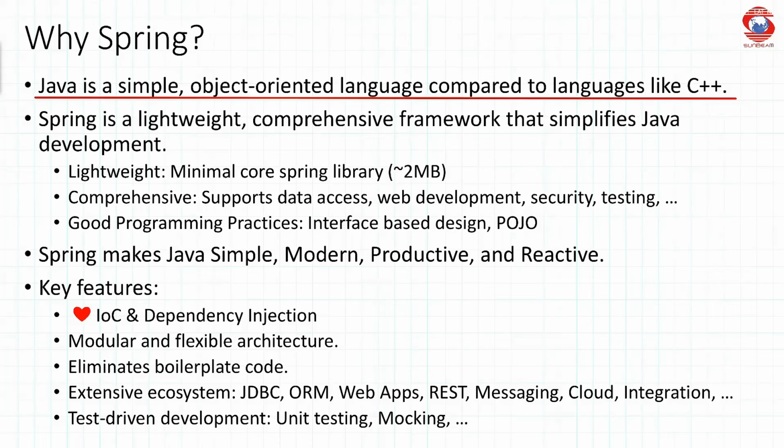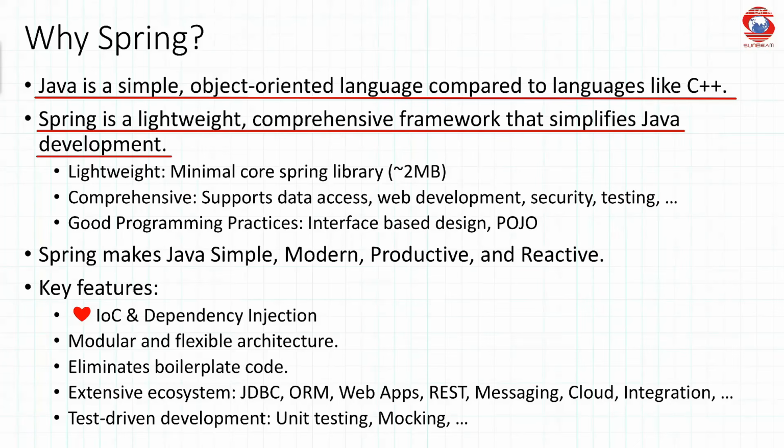And that is the reason the Spring community thought of doing something better, where we say that Spring is a lightweight, comprehensive framework that simplifies, not Java, Java is already simple, it simplifies the Java development. So whatever production-ready code that you want to make, that will be very simple with the help of Spring.